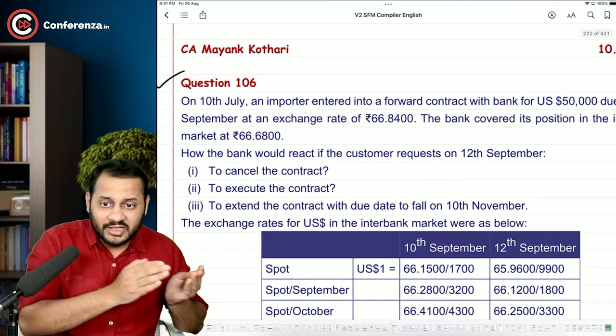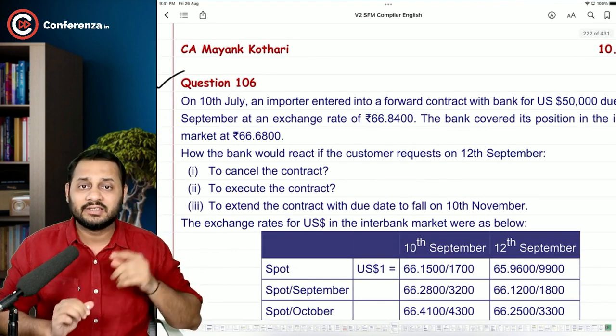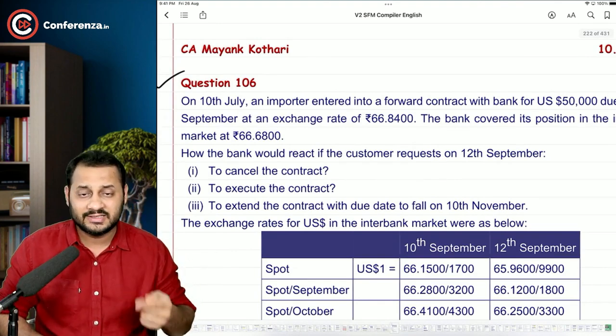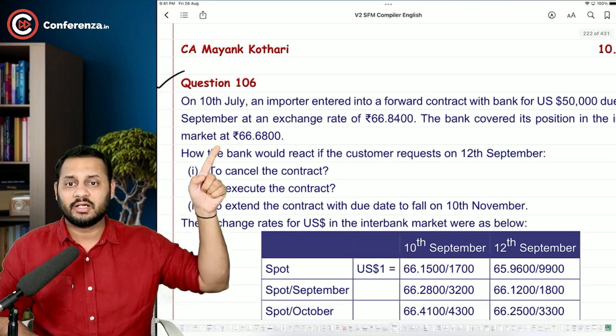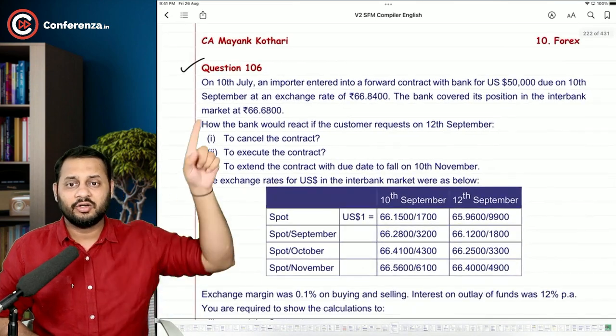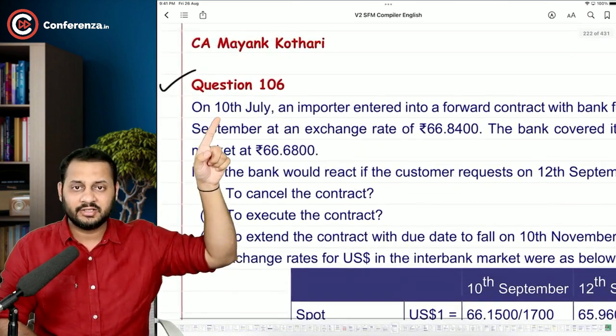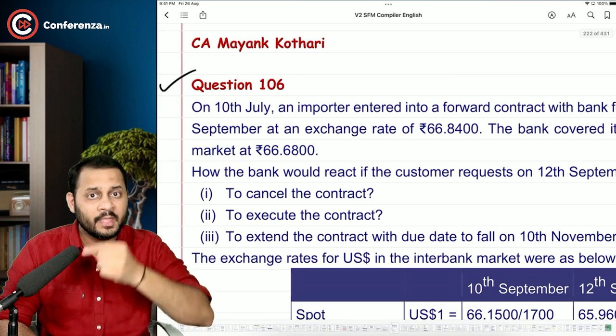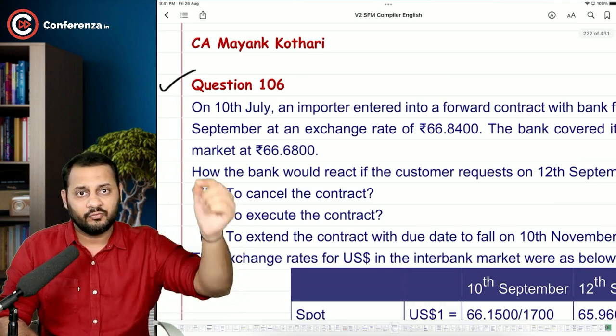But in order to sell those dollars, the bank has covered itself in the interbank market at 66.68. What does that mean? It means that on 10th July itself, the bank has entered into a contract with the importer and the other bank.